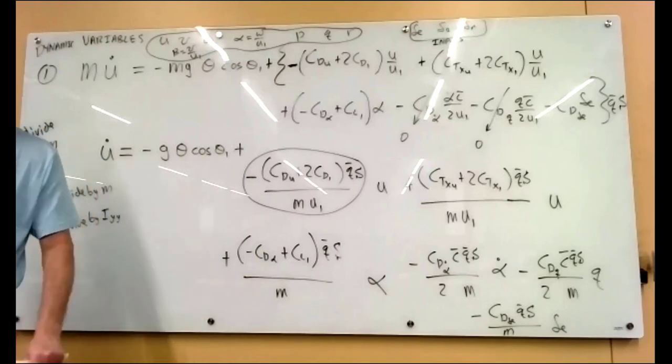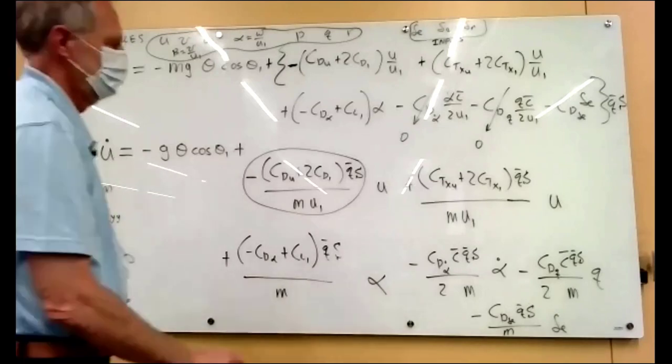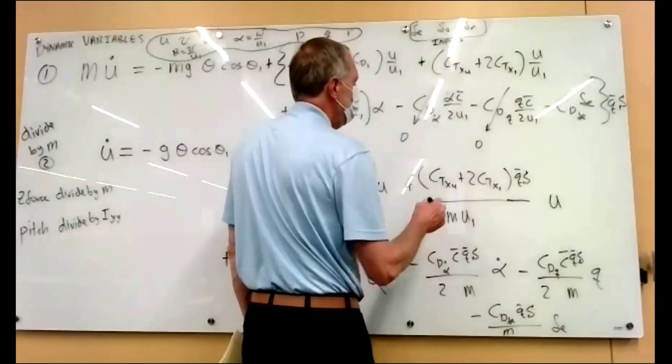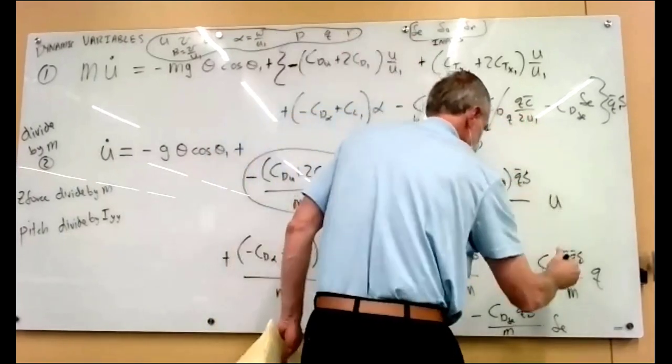I'm confused. Where did the U1 go for the alpha and Q? I erased them because they shouldn't be there. Oh, crap. Oh, man, I'm not doing well with my U1s. There is a U1 here, and there's a U1 here.